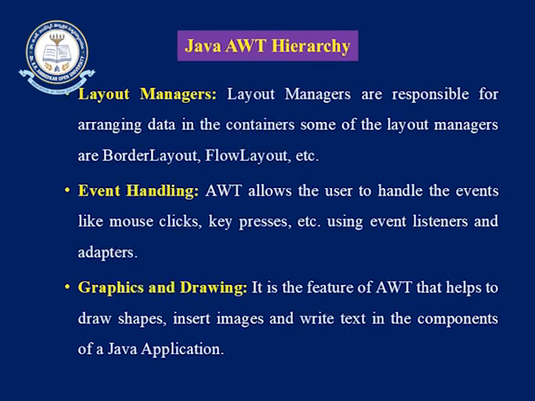Next one is graphics and drawing. It is one feature of the AWT that helps to draw shapes, insert images and write text in the components of Java applications. Using graphics and drawing you can draw some shapes like circle, rectangle, triangle.